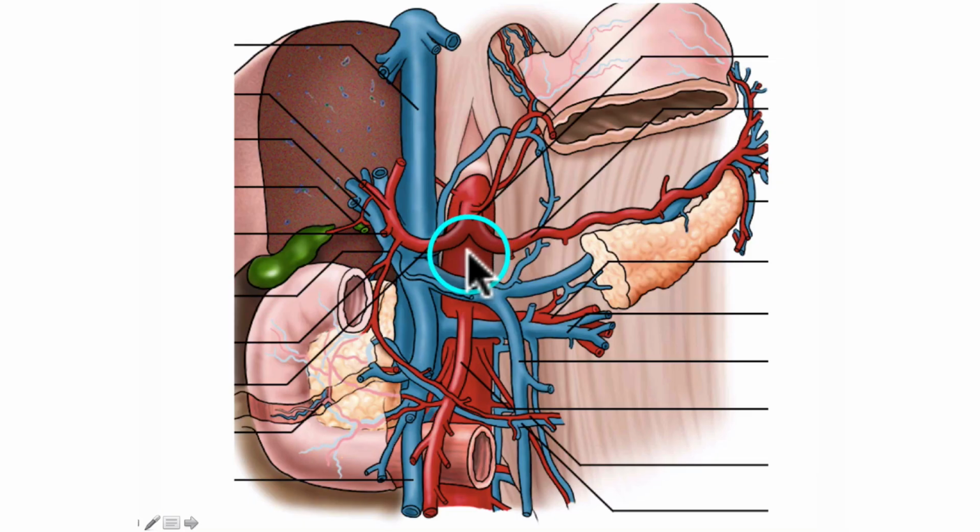And here's another view of all of this: celiac trunk, common hepatic artery, splenic artery, left gastric artery, superior mesenteric artery, and here's the left gonadal artery, right gonadal artery. Can't see the inferior mesenteric artery on this perspective, but one thing I do want you to notice is this is the inferior vena cava. As anywhere in the body when we have arteries, we have veins accompanying those arteries.